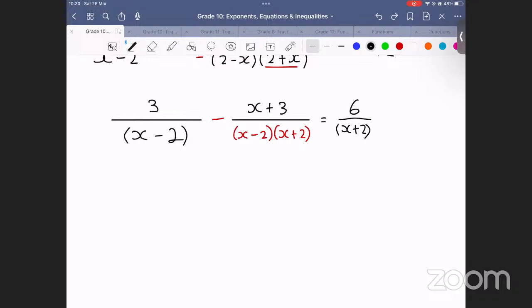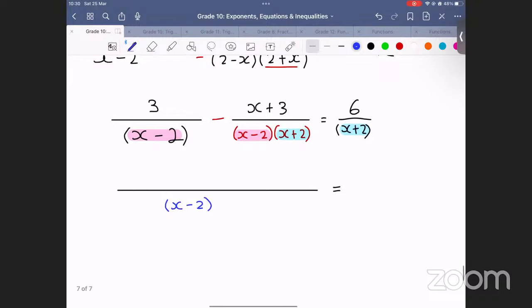So we have to identify each different type of bracket and make the lowest common denominator a product of those brackets with their highest exponent. So the different types of variable, I have an x minus 2, which appears twice, and I have an x plus 2. The highest exponent of x minus 2 is just x minus 2 to the 1. So my denominator is going to have x minus 2.